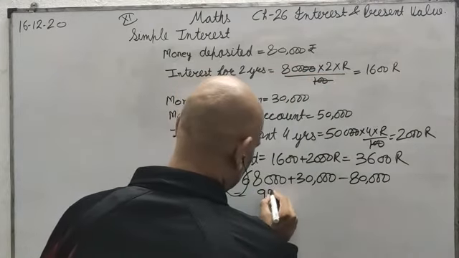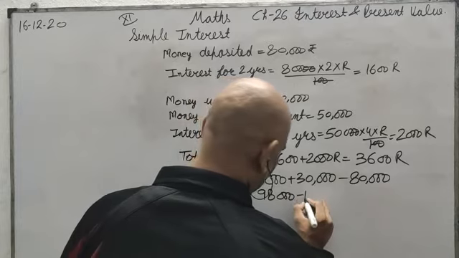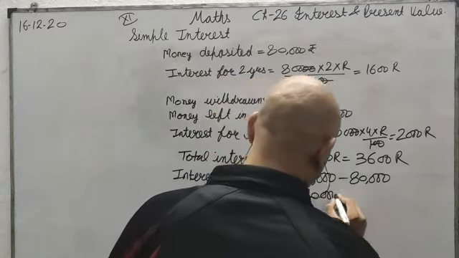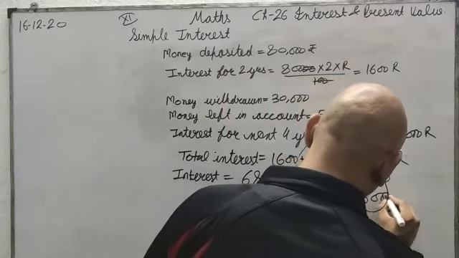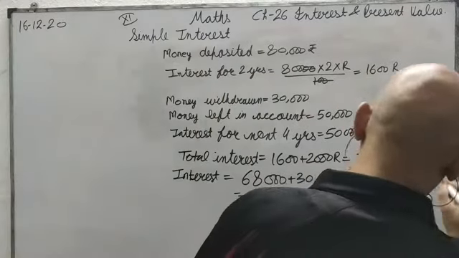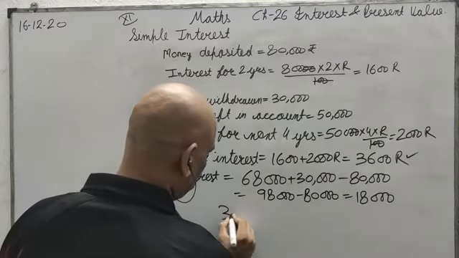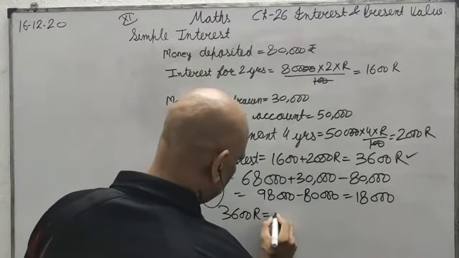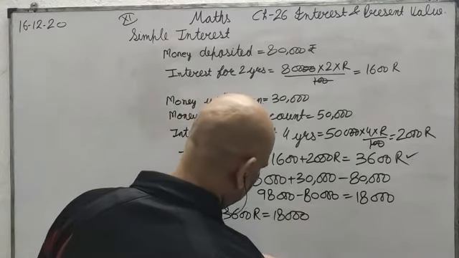So this is 98,000 minus 80,000. So this 18,000 he received as the interest, and our interest is showing as 3,600 r. So 3,600 r is equal to 18,000.